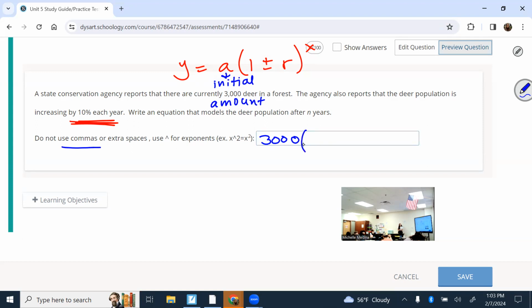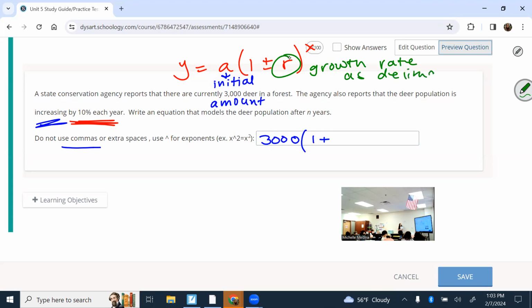Parentheses, is it increasing or decreasing? Increasing, so it should be the 1 plus. If it were decreasing, it'd be 1 minus. And the R stands for growth rate as a decimal.